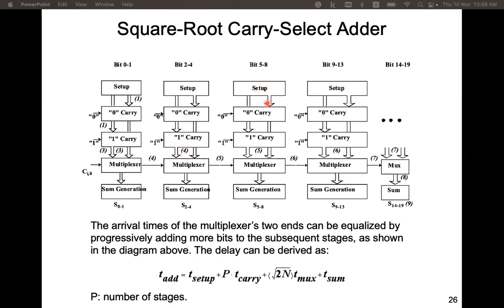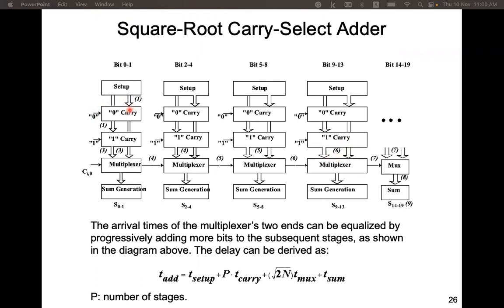For the third stage, the setup output is available at time 1, and the carry block has a length of 4 bits, so 1 plus 4 is 5. And the fourth stage is 1 plus 5, 5 bits wide. So here, the top side of the multiplexer is available at time 6.